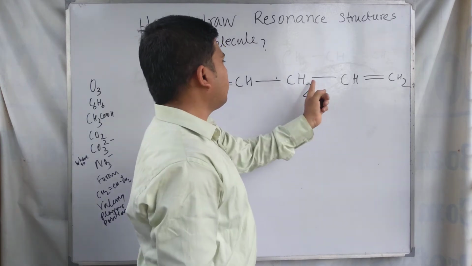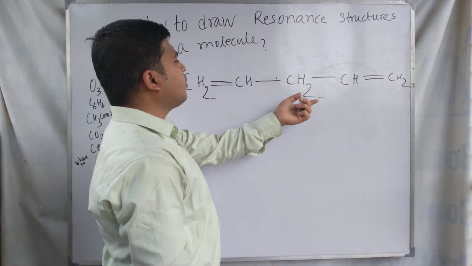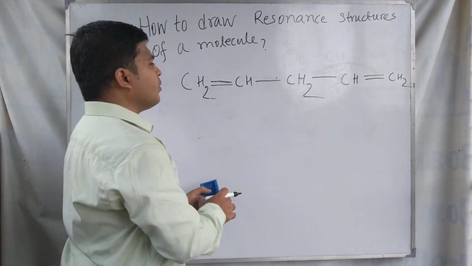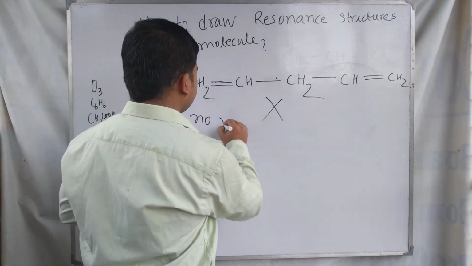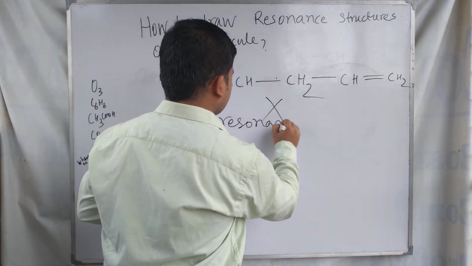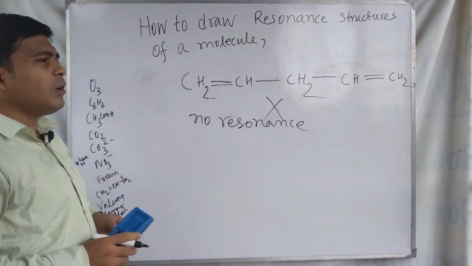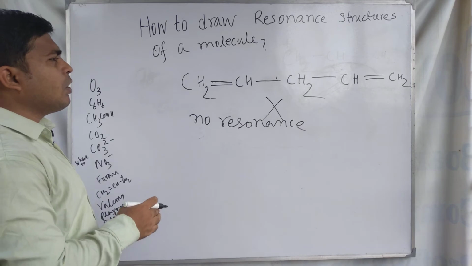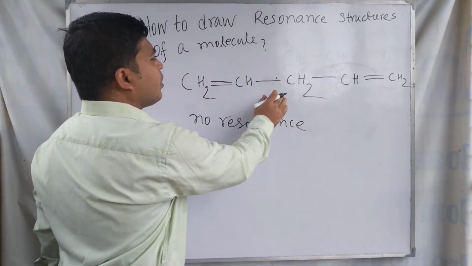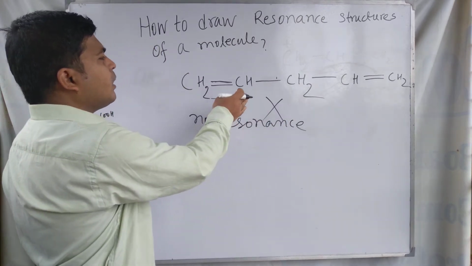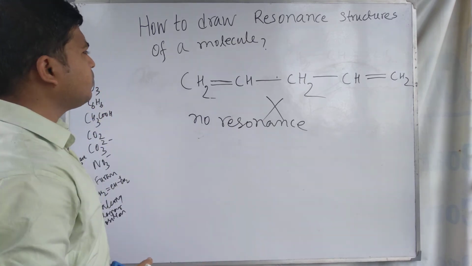In that case no resonance is possible. No resonance is possible when a carbon-carbon double bond is separated by a CH2 group. In that case resonance structures are not possible.